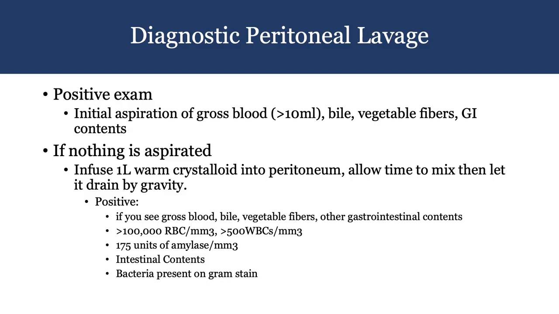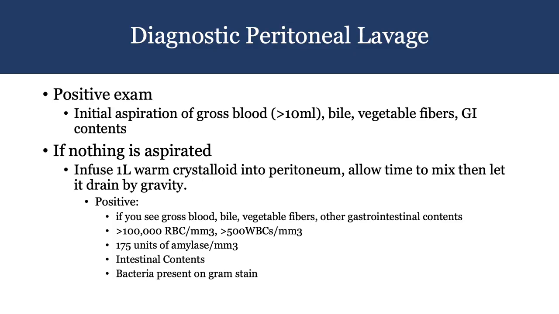If nothing is aspirated, usually we infuse a liter of warm saline into the peritoneum, allow it to mix, or drain by gravity. We may have to shake the patient's abdomen to mix up these contents. It will be positive if you see gross blood, bile, vegetable fiber.